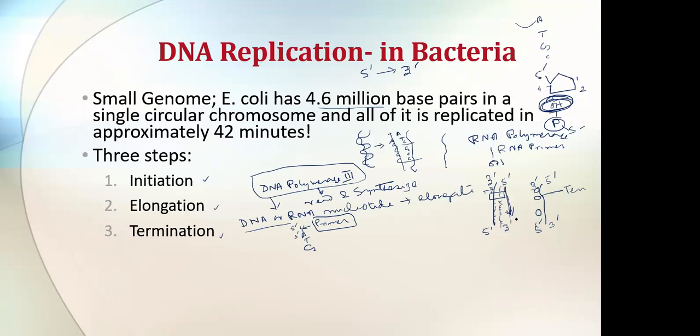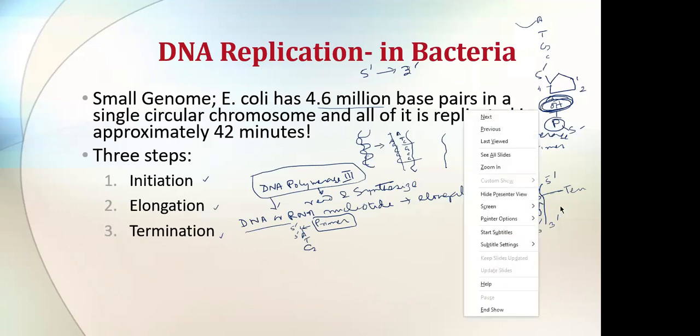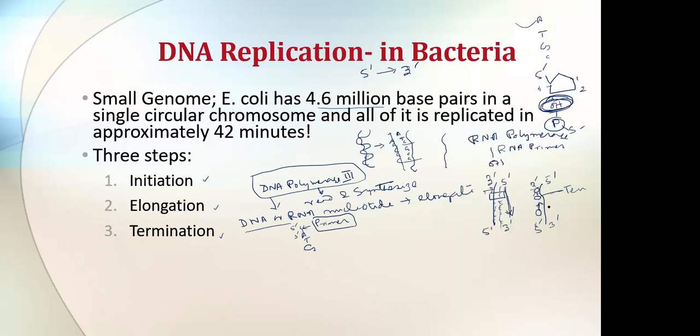Instead of continuous synthesis of one strand going in one direction, it basically makes small pieces. So this is the RNA primer, first it will make this much, then it will jump and make another one over here. So basically it makes it that way. For this strand, multiple small segments are there.